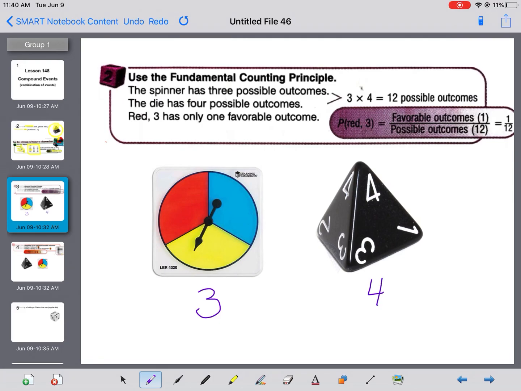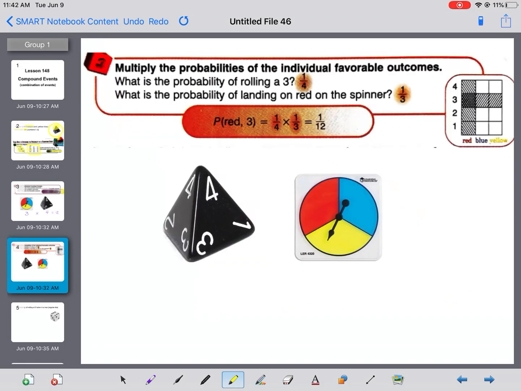And if you think about the outcomes as categories, all you have to do is multiply them together to know that there will be 12 total options, okay? And there's only one favorable outcome of red and 3 out of 12. So the probability, you can see it at the end of the screen there, is 1/12. You've come to the same answer using a bit of a different method.